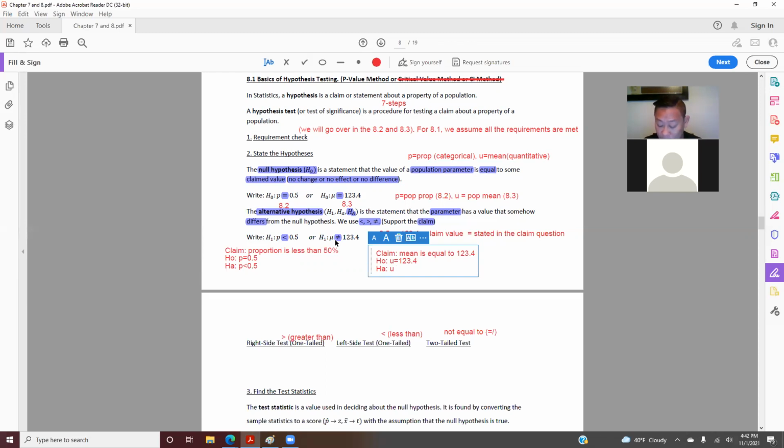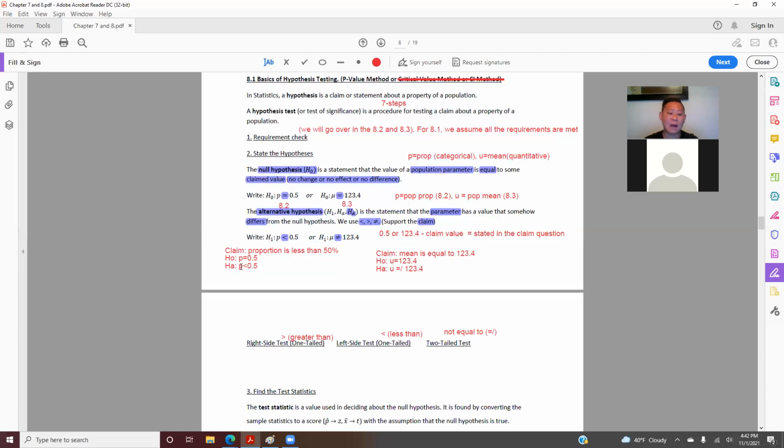I don't have a not equal symbol here, so I'm going to use this symbol for not equal to 123.4. So you notice that the claim value has to be the same, 123.4 or 0.5, depending on the question.